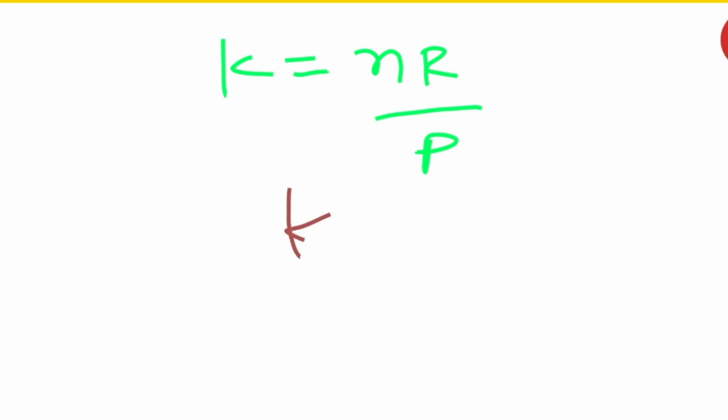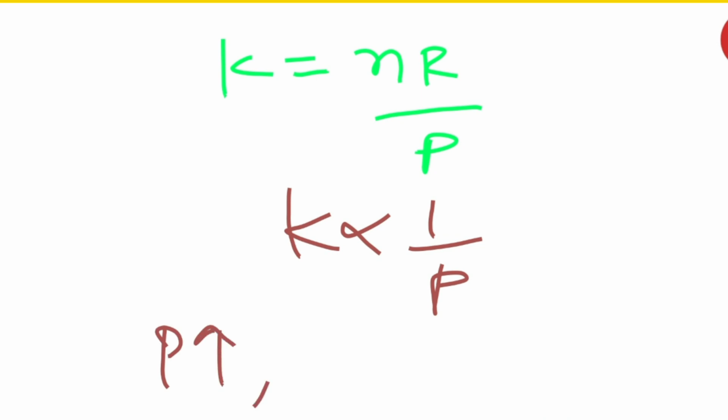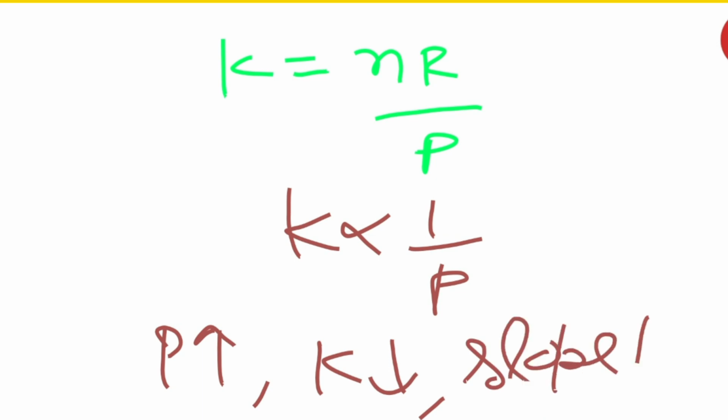It means K is inversely proportional to P. Okay, what does that mean? It means if P increases, then K decreases, and the slope depends upon K only. So it means the slope will also decrease. Is that clear?